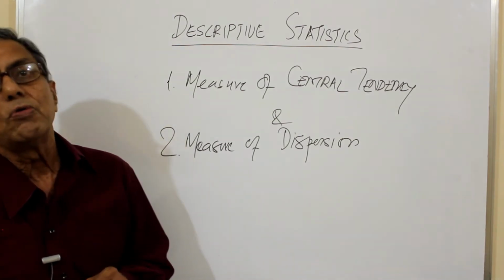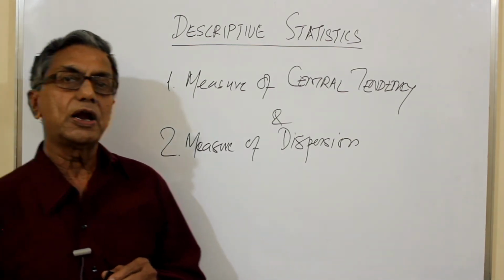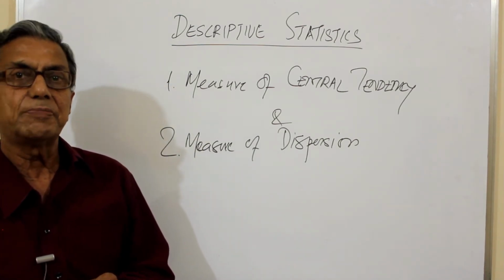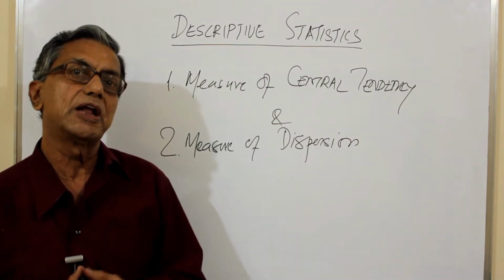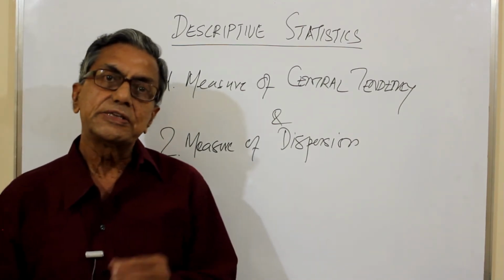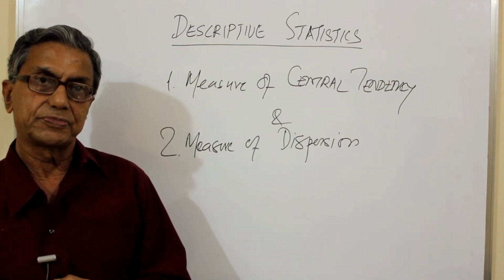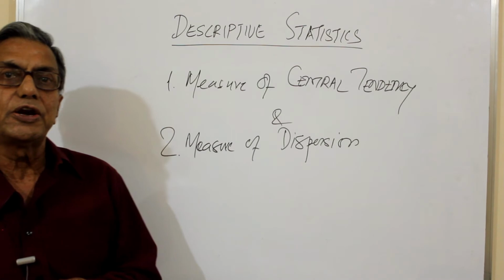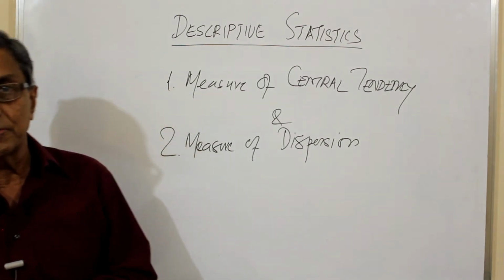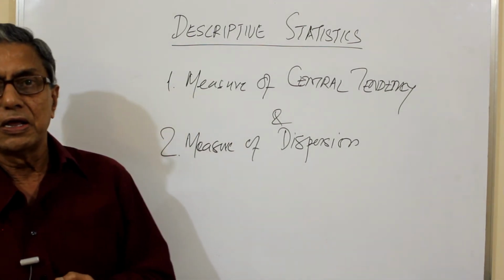We will now take measure of central tendency and try to understand these three measures, and by way of a few examples we will explain how we can obtain them. Mean is a simple average of the data set. You add up all the data values and divide by the total number of data points, and you get the mean.